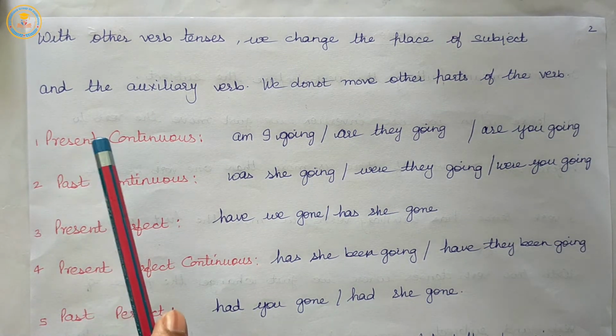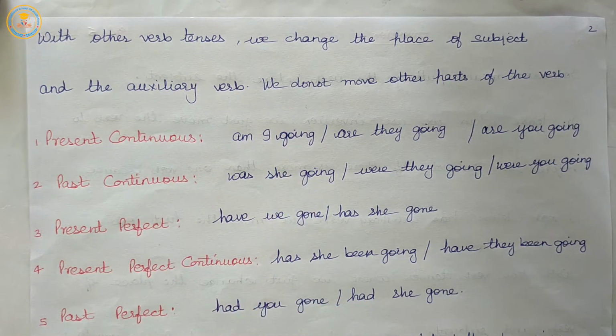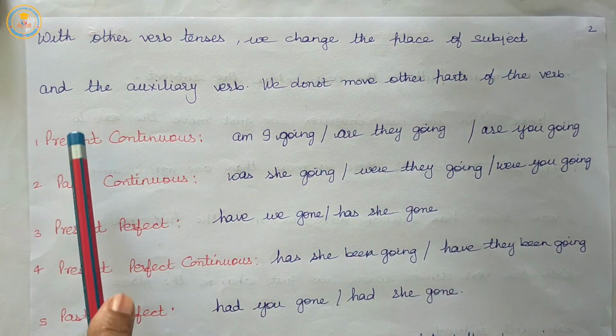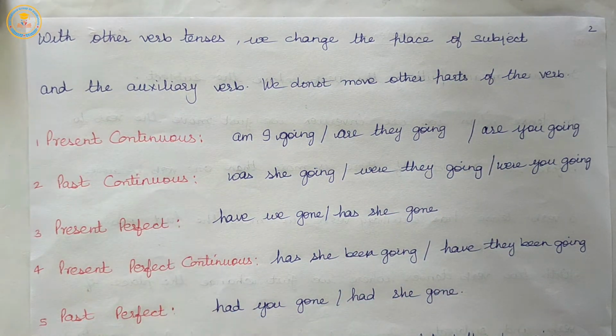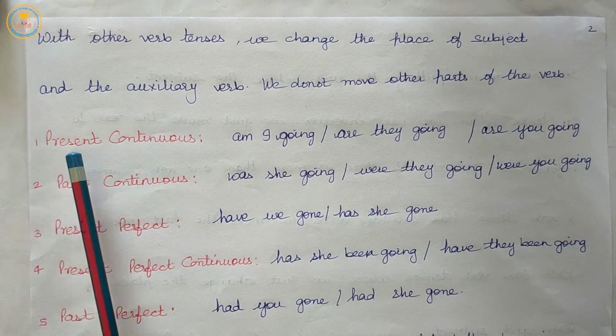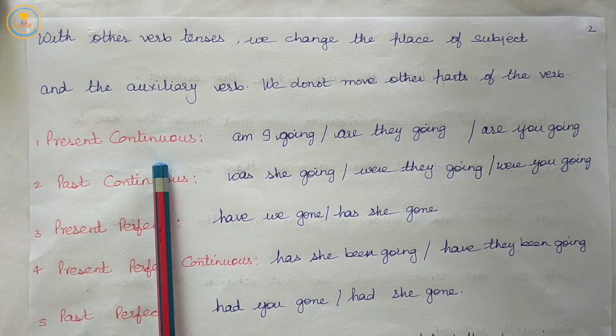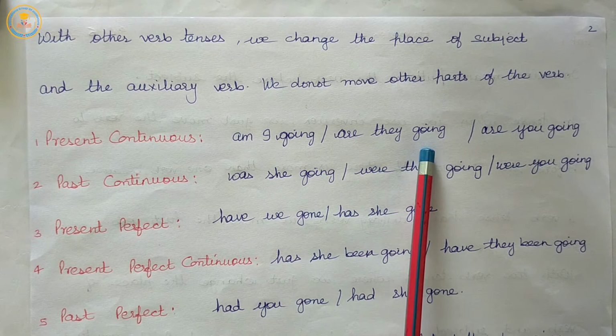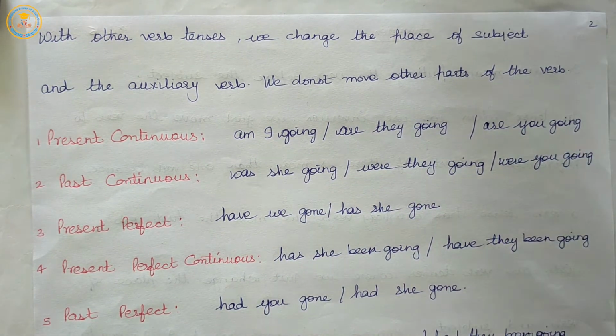Listen carefully. With other tenses, we first read simple present and simple past, and the next one is other verb tenses, where we change the place of subject and the auxiliary verb. We don't move other parts of the verb. So our first tense, present continuous: am I going, are they going, are you going.